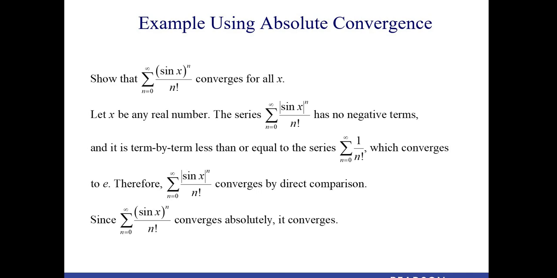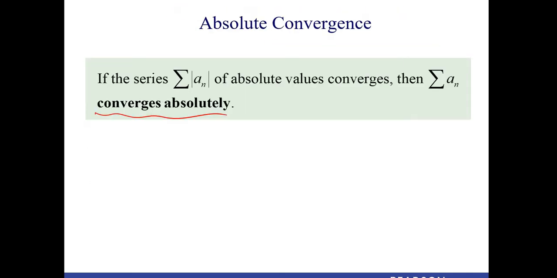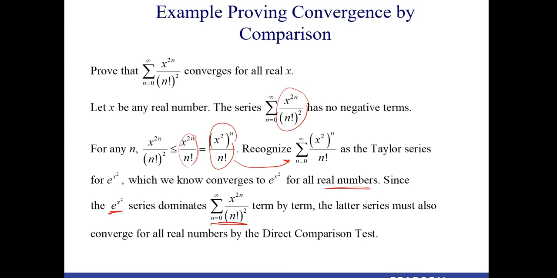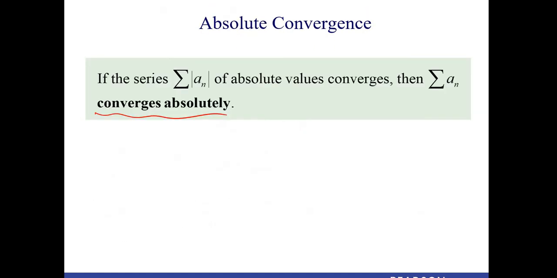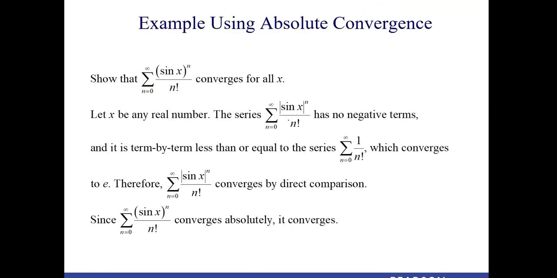So remember our original rule of comparison said that we had to have series with no negative terms. So by changing this to absolute value, we now have created a series with no negative terms. And term by term it is less than or equal to this series.